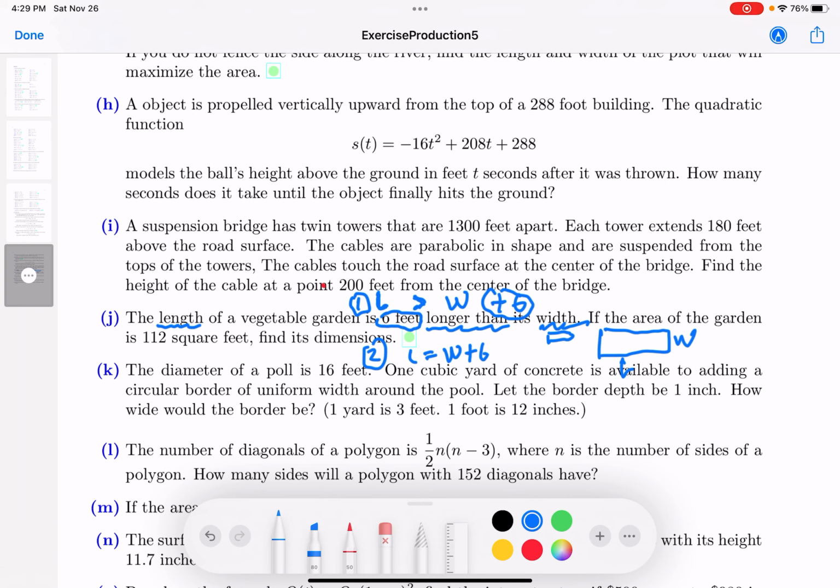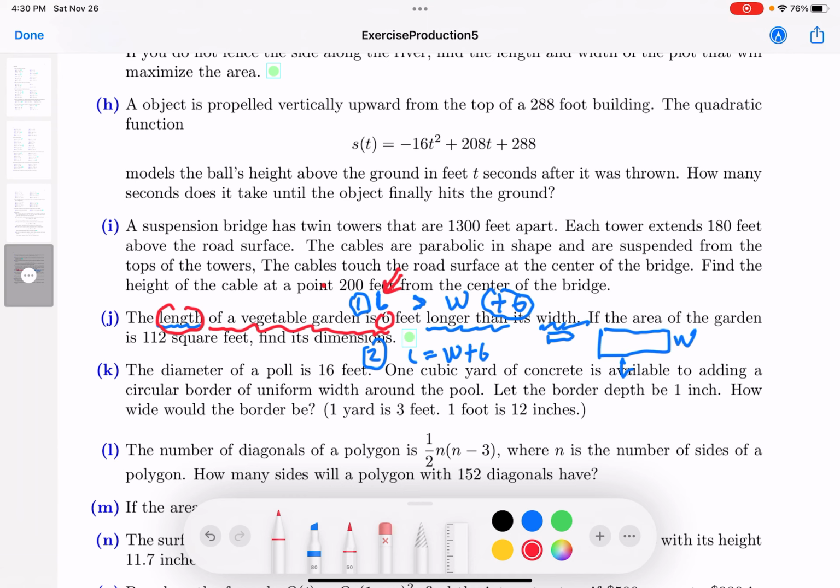The common mistake some of my previous students made was wrongly adding the 6 on this side, and that was not right, because the 6 is closer to L. You see?